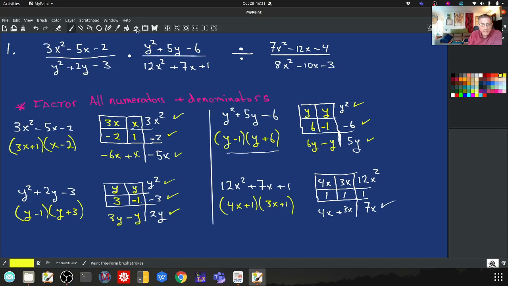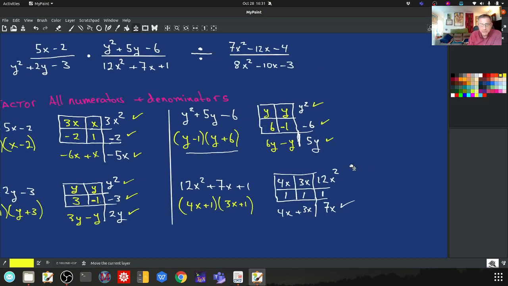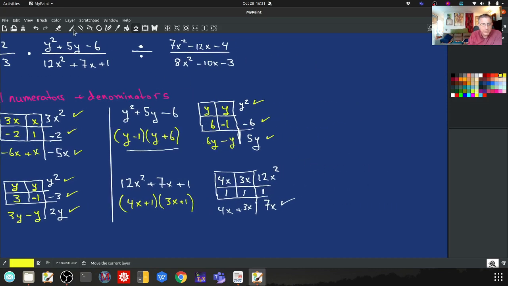And finally, we want to do our last one. We'll kind of just scoot it over here. This work will all be required for the exam. I definitely want to see all of your work on this one. So 7x squared minus 12x minus 4.